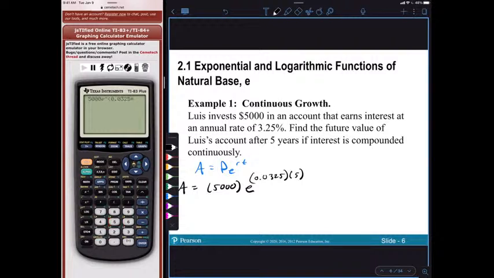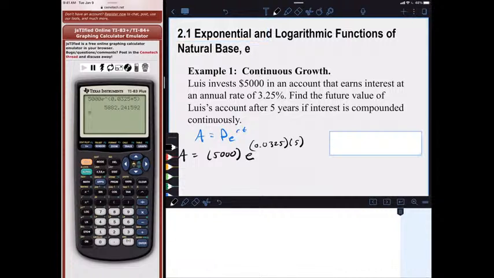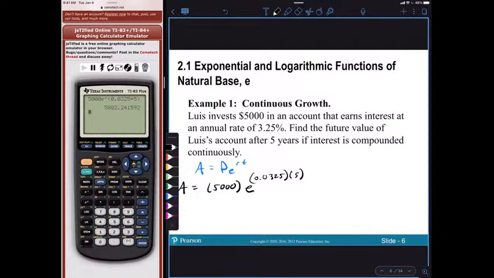After 5 years with those conditions, it's earned about $800, so the future value is $5,882.24.